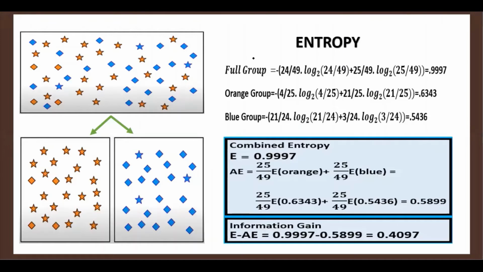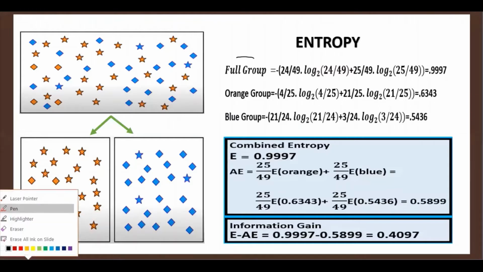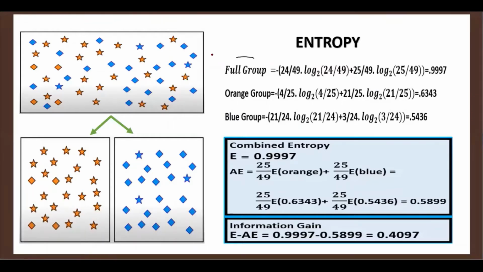First of all, we have to find entropy for the full group. That's the first task. We'll find entropy for the whole group, then we'll find entropy for the individual ones. Suppose you need to divide using some algorithm the two types. We have star type.